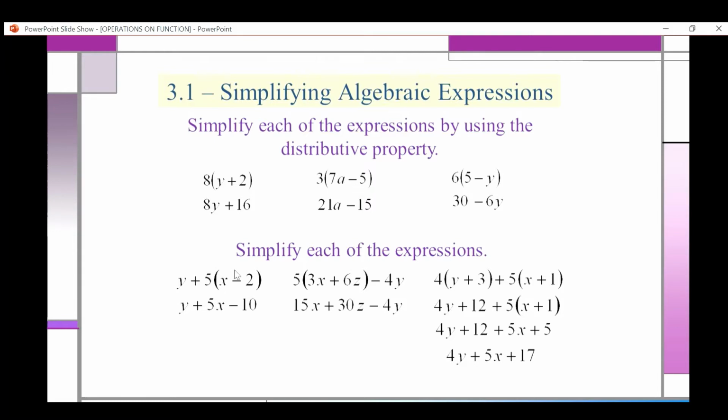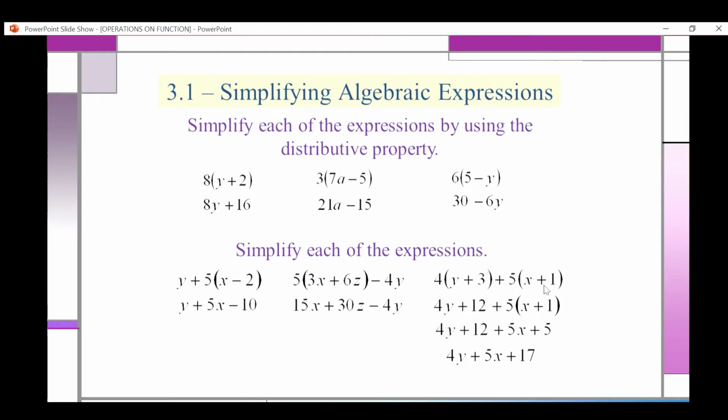And 5 times negative 2, so that's negative 10. Ganun din dito. 5 times 3x, so 15x. 5 times 6z, so 30z. Then, copy 4y. So, yun yung answer natin kapag wala na tayong pwedeng isimplify.